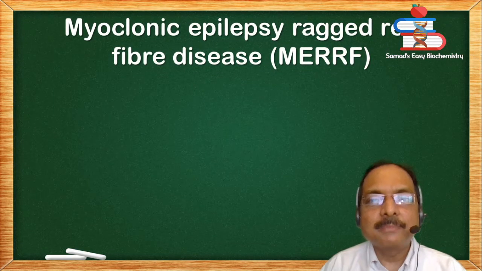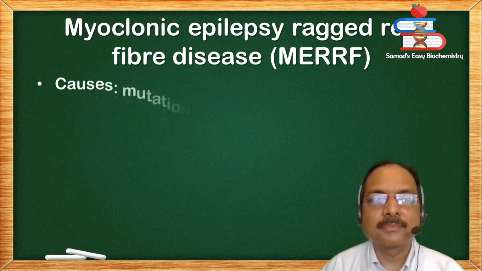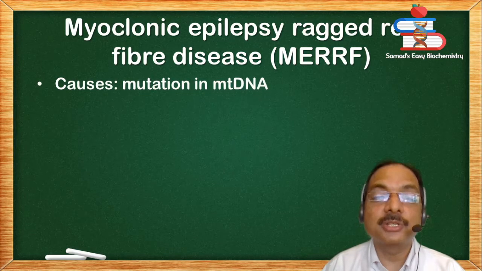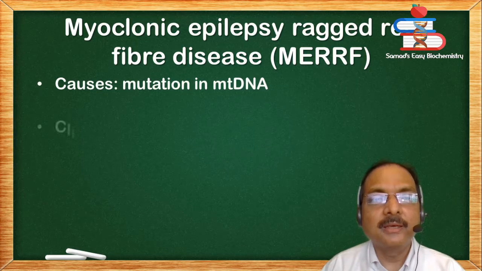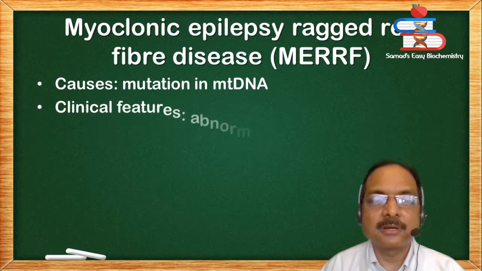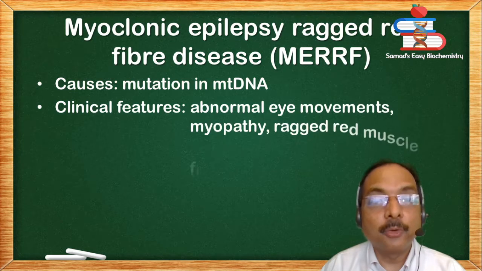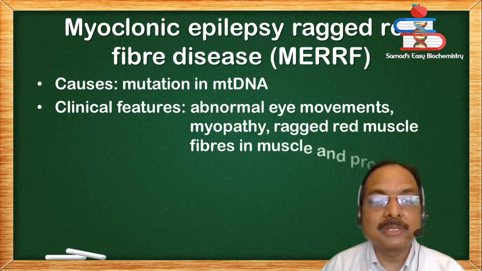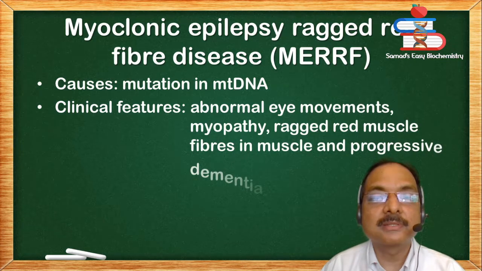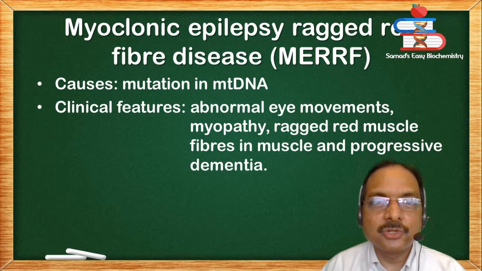Myoclonic epilepsy, ragged red fiber disease (MERRF). It is caused due to mutation in the mitochondrial DNA, and the clinical features are abnormal eye movements, myopathy, ragged red muscle fibers in muscles, and progressive dementia.